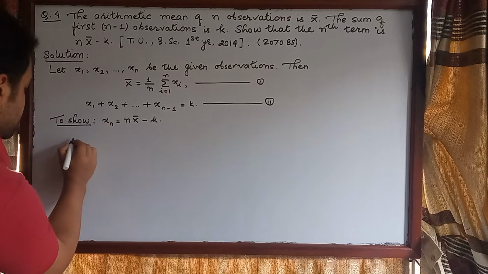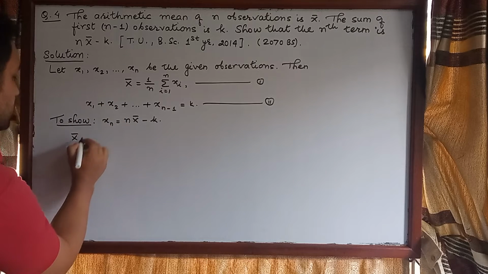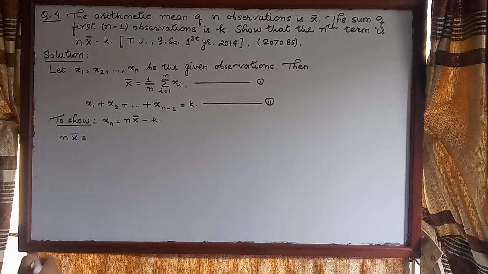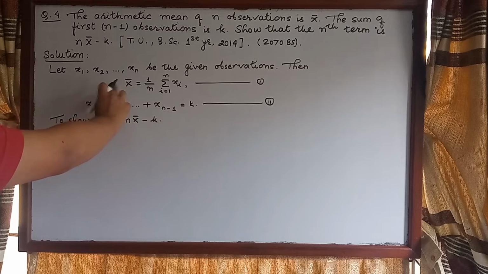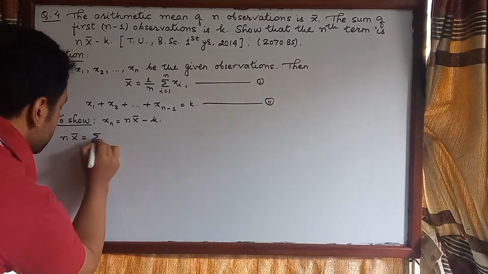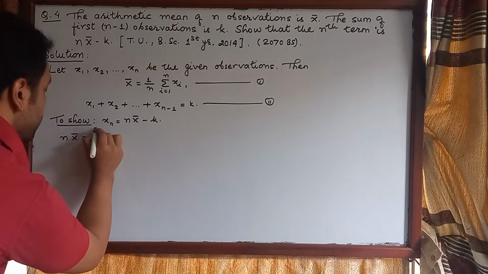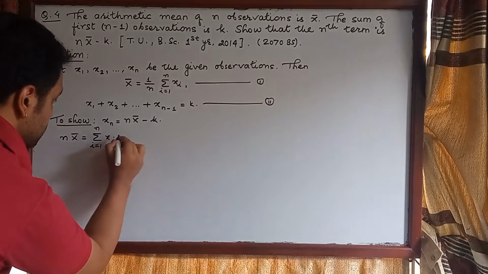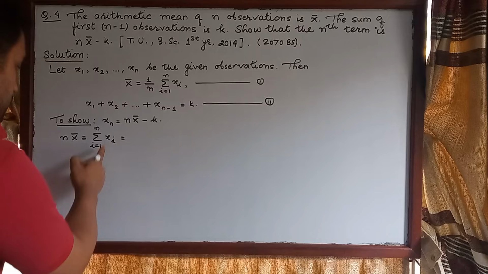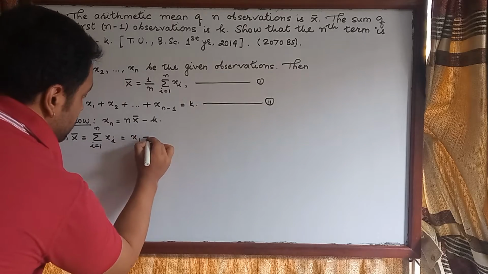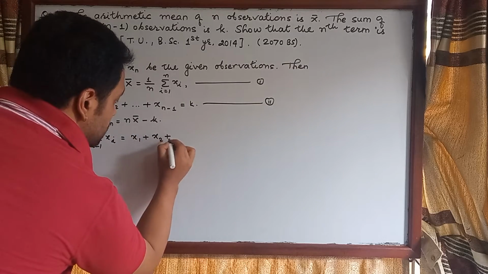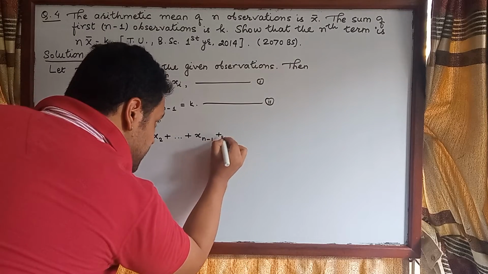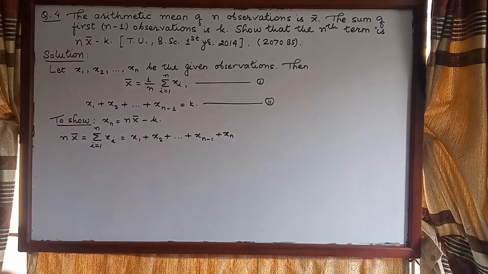What we have is x bar, n x bar is equal to the sum, i equals 1 to n, of xi, which is equal to x1 plus x2 plus all the way up to x(n-1) plus xn, right?